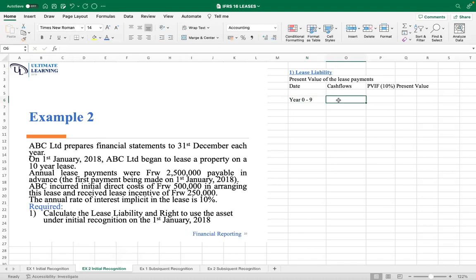So what is the cash flow? The cash flow is 2.5 million. That is the lease payment. Now, in an annuity, we don't use the normal present value formula.